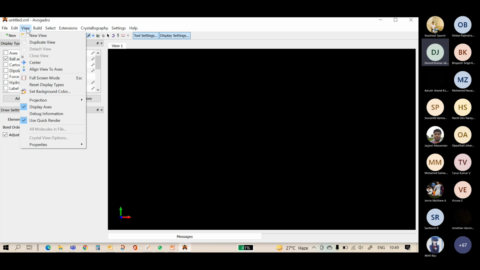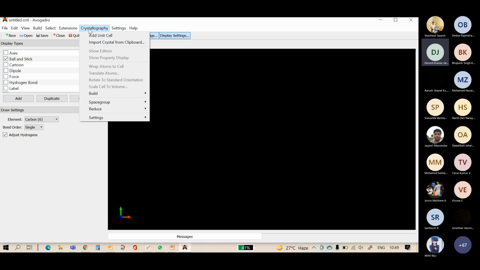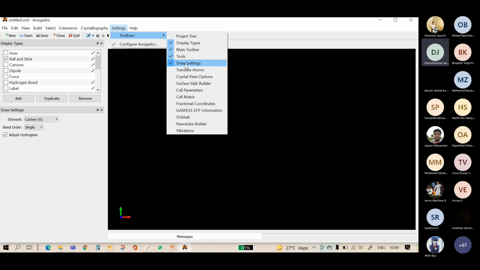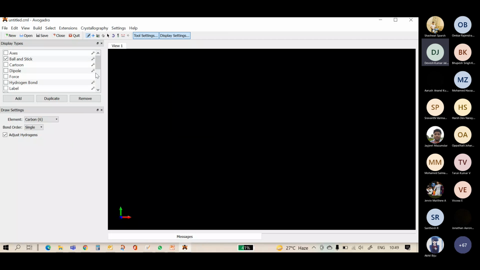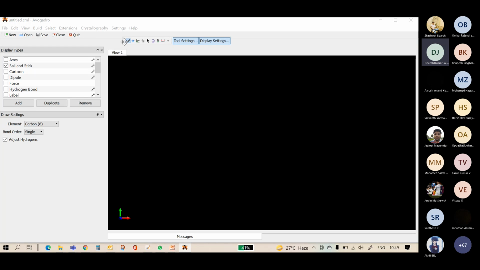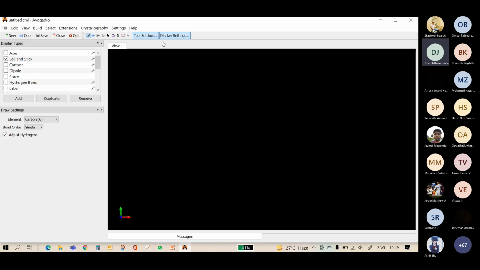In your software, go to the toolbars and select the draw settings so that you have them here. So here are the draw settings. The most important part of this is the set of tools which are here. I have isolated them. I can put them back here like this.